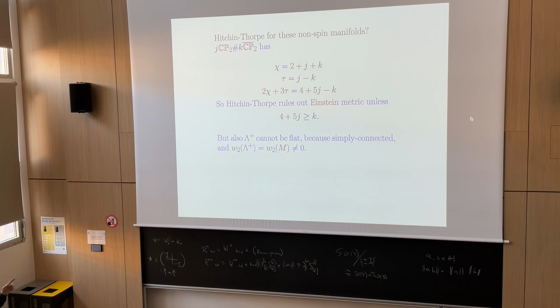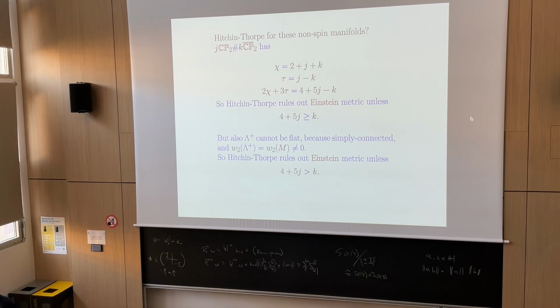These are simply connected manifolds. If there was a flat connection on lambda plus, by parallel transport, that would give a trivialization of lambda plus. So for all of these manifolds, lambda plus can't be flat, and therefore a little further analysis of Hitchin-Thorpe says that even the equality case cannot occur if you have an Einstein metric. 4 plus 5J has to be strictly bigger than K.